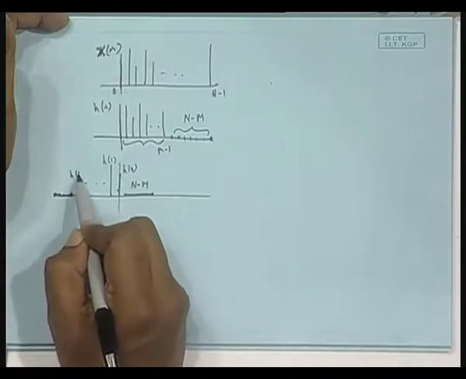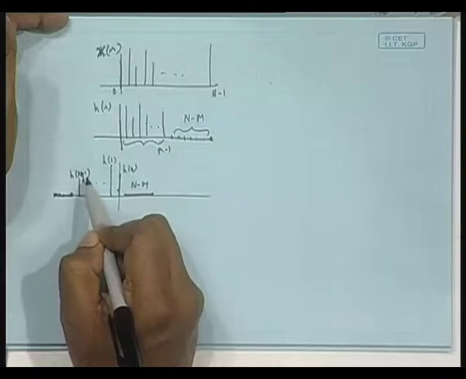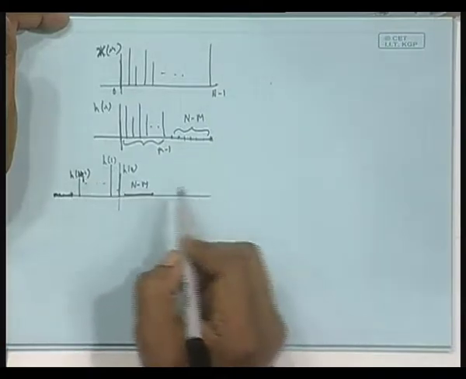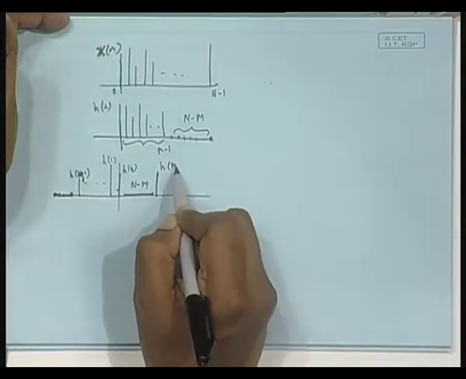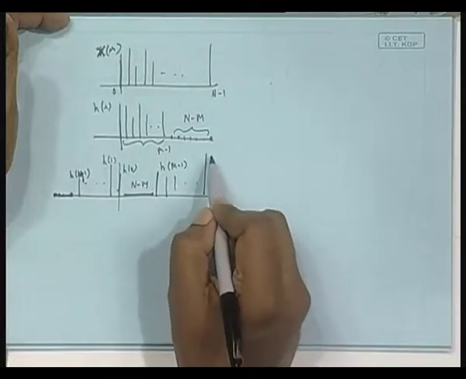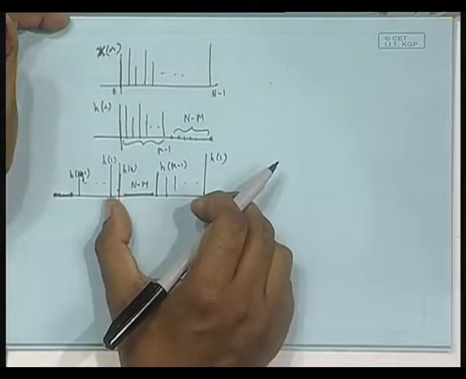Which one? If it is h n minus 1, h what? h m minus 1. So, this is m minus 1. So, here also I have got h 1. This is my area of interest.